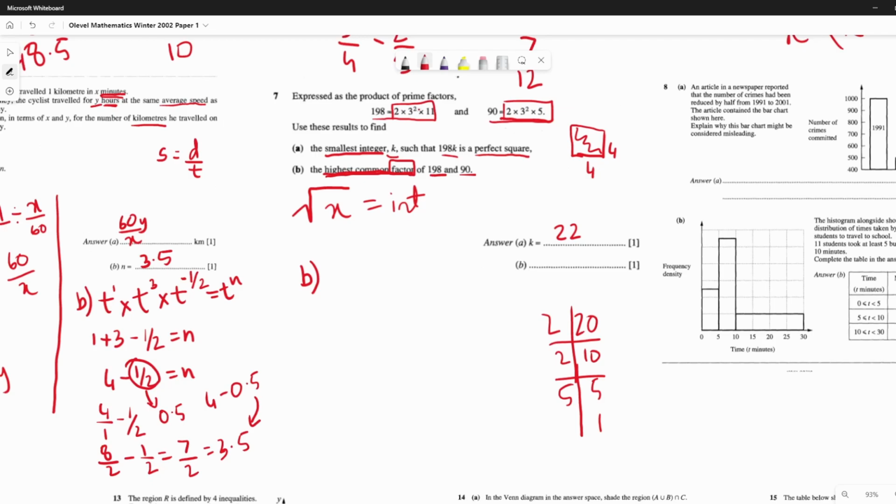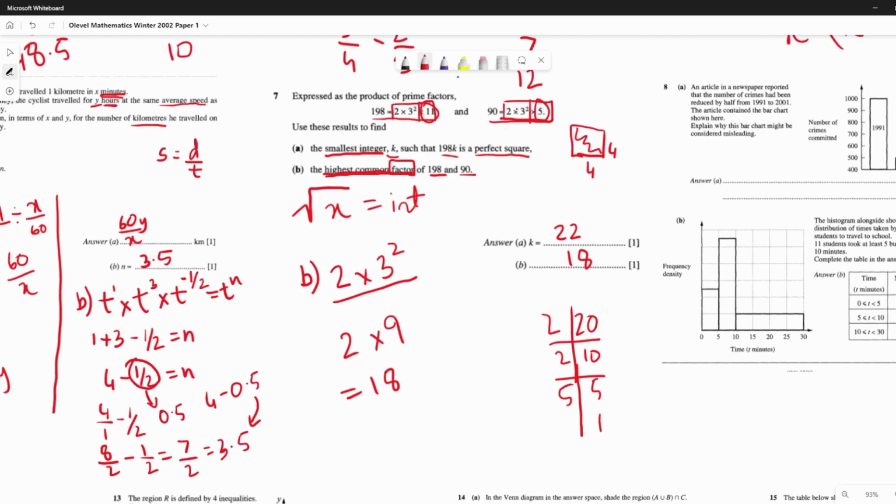So to get the highest common factor, we can just take what's common in both of these and multiply that. They both have a 2 in common, and they both have a 3 squared in common. This is the highest they would have in common, and this would then be multiplied by 11 and by 5 to give you these numbers. So the highest common factor would be 2 multiplied by 9, which is 18.